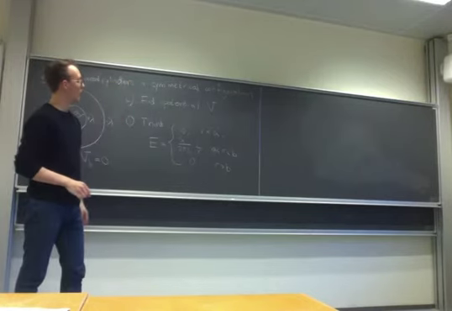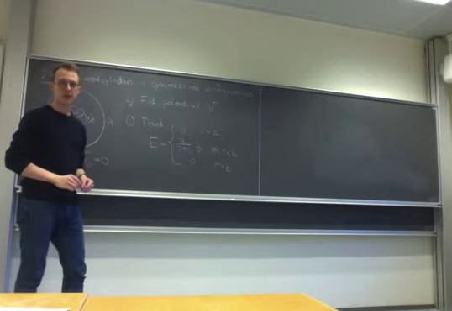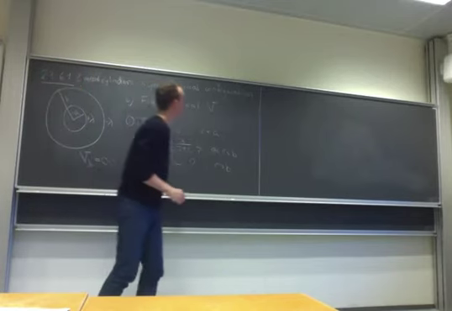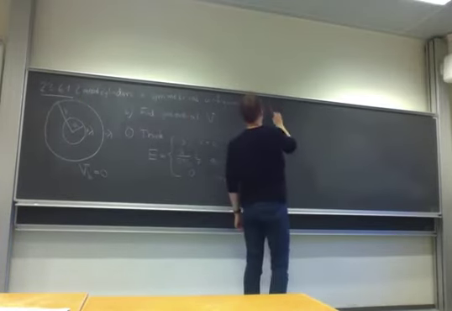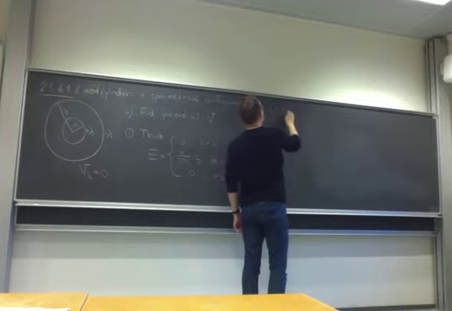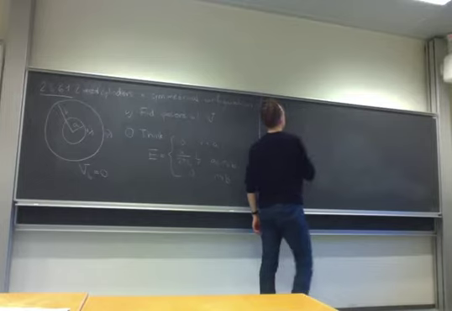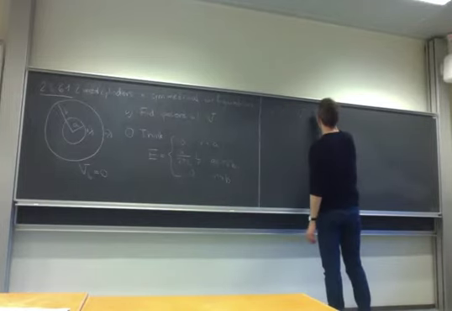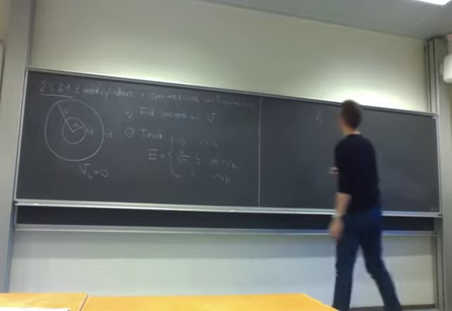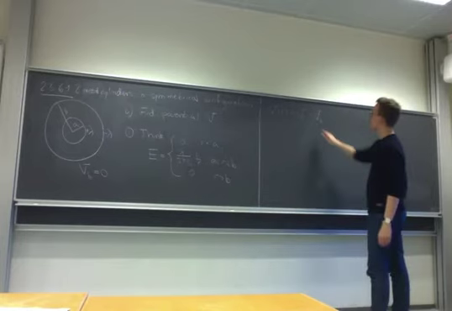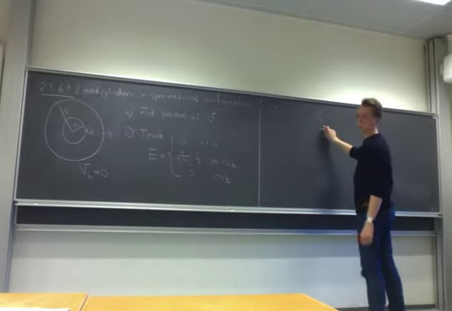Okay, and now let us calculate the electric potential V. So the electric potential V of R is then the electric potential at the point R minus the one at B, because this is 0.